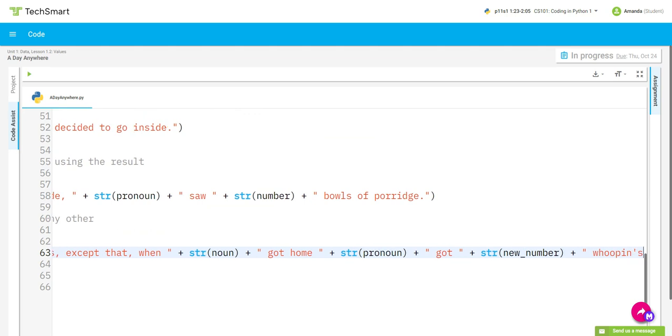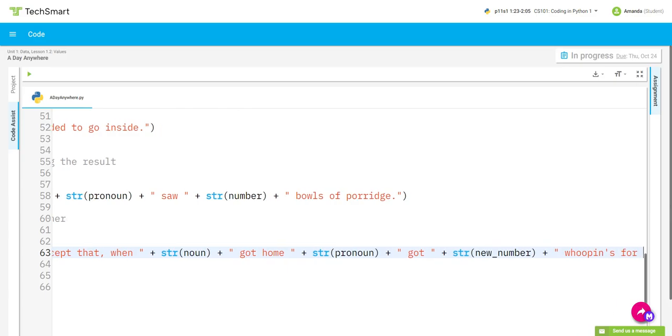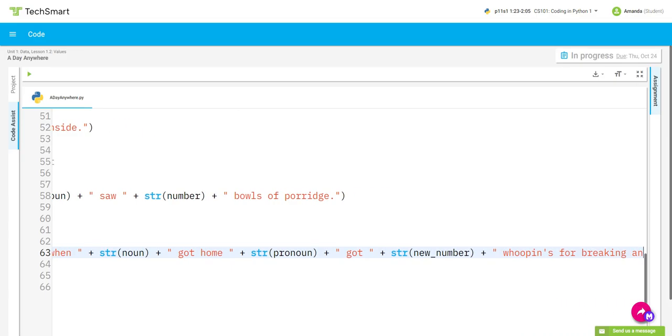That's how we used to say it. Whoopins. For breaking and entering.